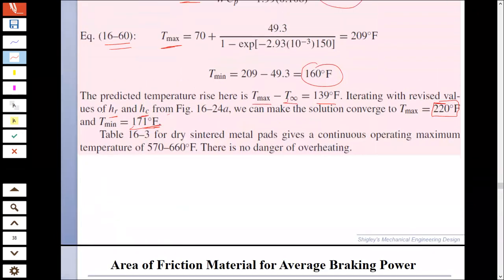So that's what they wanted, that they wanted us to find out T max and T minimum, which have these values.